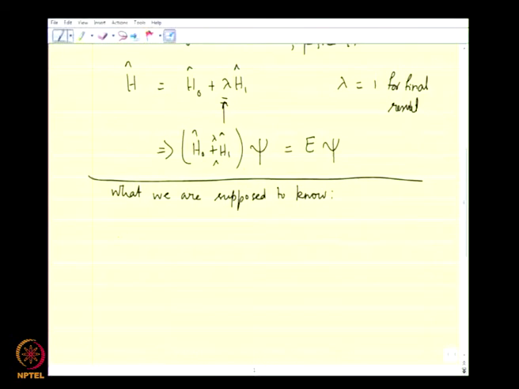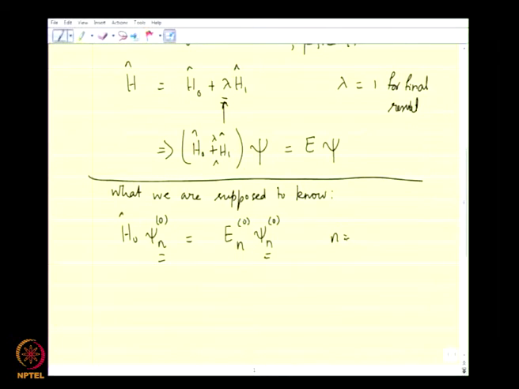We are supposed to know the H0, that is the field free, the perturbation free Hamiltonian and its solutions, psi n0, to indicate that this is the solution of the field free Hamiltonian or the perturbation free Hamiltonian, and the energies are En0. Please remember that there are many solutions.